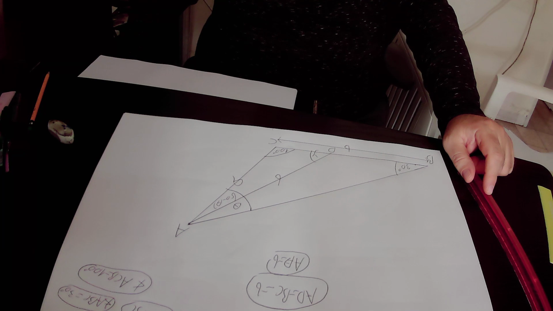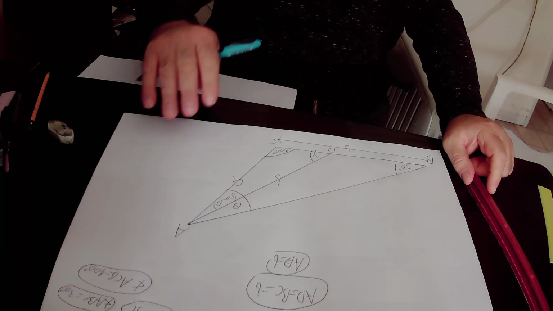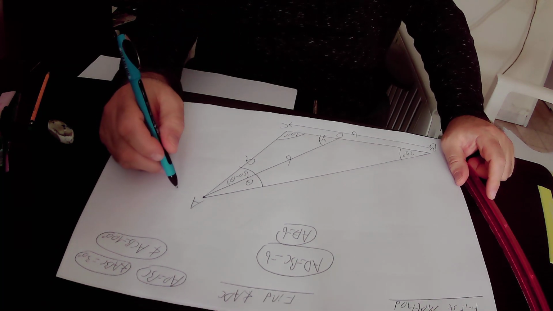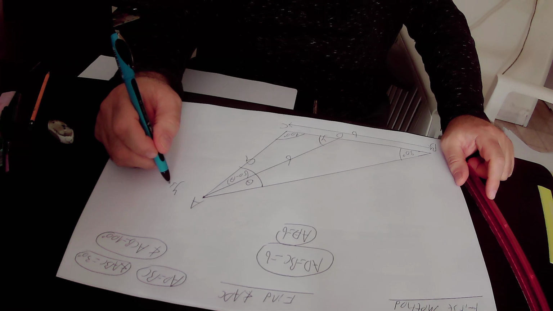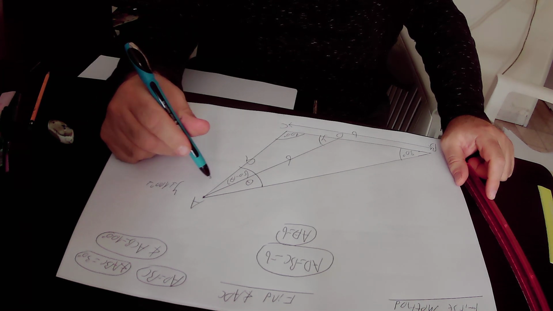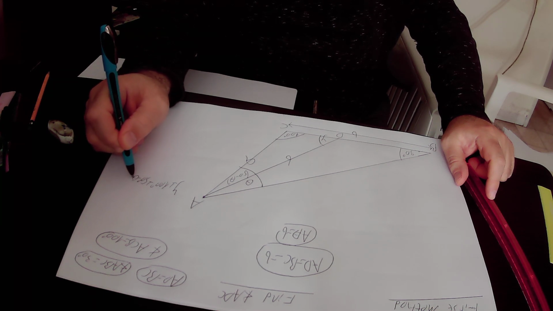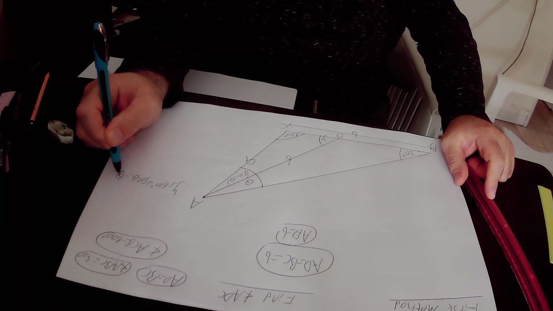And we know that the sum of the angles in any triangle, and especially in triangle ADC, must be equal to 180 degrees. That is to say, Y plus 100 degrees plus this angle that is 50 degrees minus theta must be equal to 180 degrees.